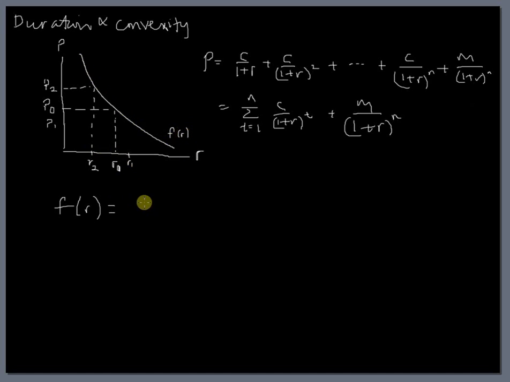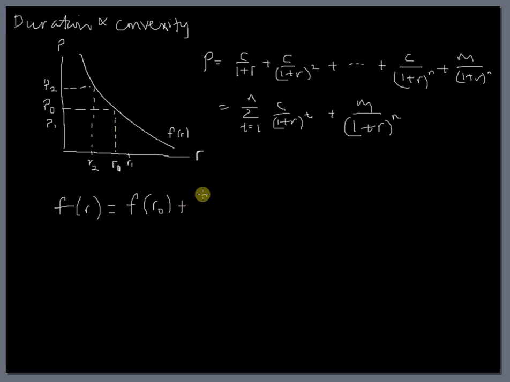We can approximate this function by an expansion at any point. Let's assume that we are at R0. We can approximate this function at R0 by expanding it as follows.